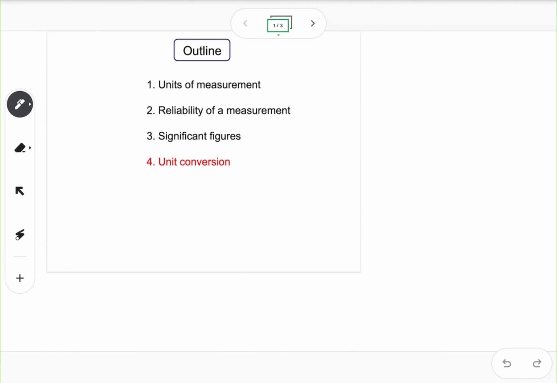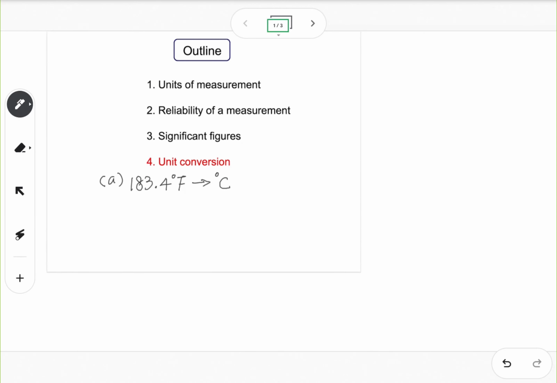Let's take a look at the unit conversion between temperature units. The first example here is 183.4 degree Fahrenheit to degree Celsius.